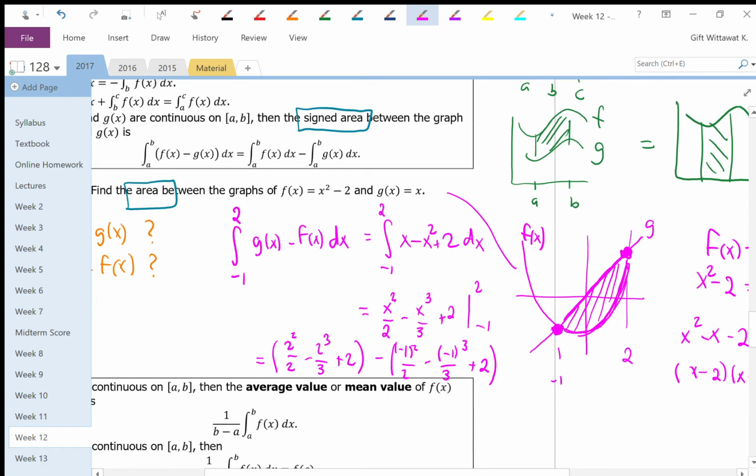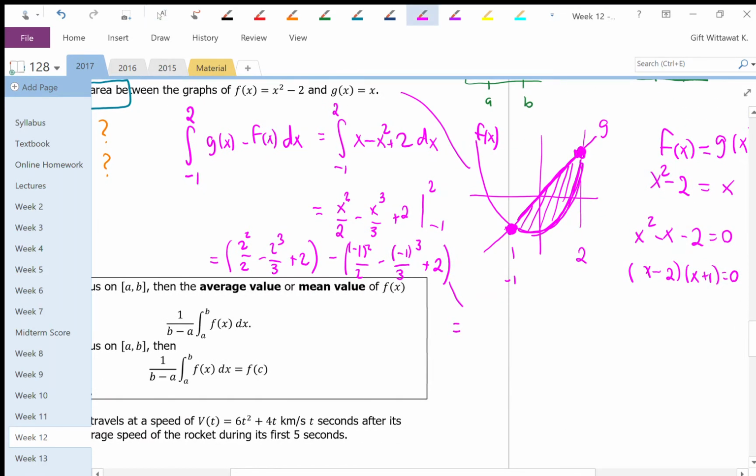So I plug in x equal to 2, I plug in x equal to negative 1, and that's what I get. Let me try to simplify that. That gives me 2 minus 1/3 plus... wait a minute, something doesn't look right. This should be 2x. So this should be 2 times 2, and this should be 2 times negative 1.